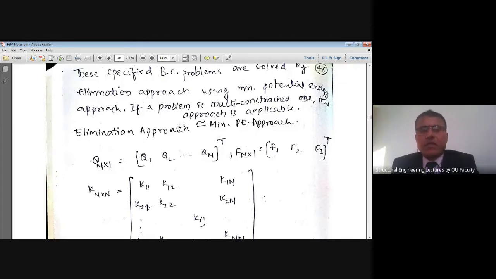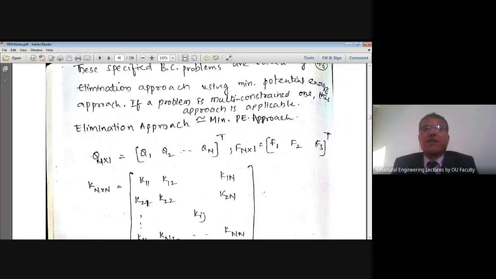Solution means how to get the displacements using the elimination approach. That now we'll see for the specified boundary conditions. The minimum potential energy approach will be used in the elimination approach.